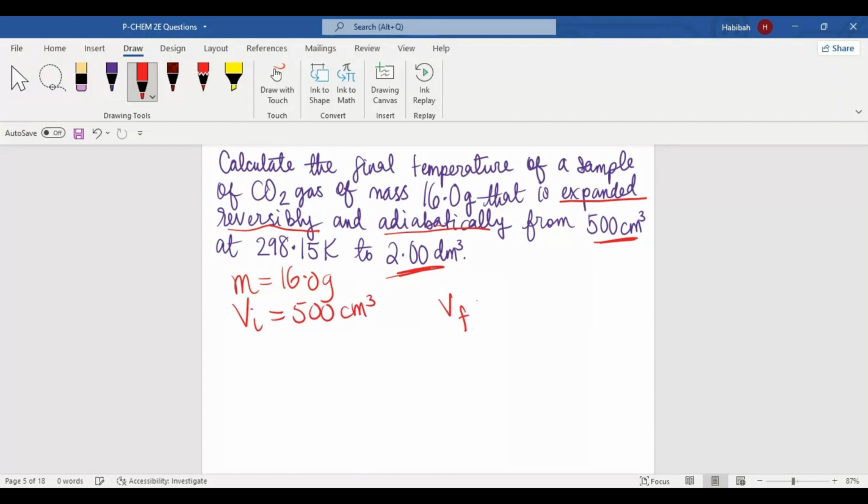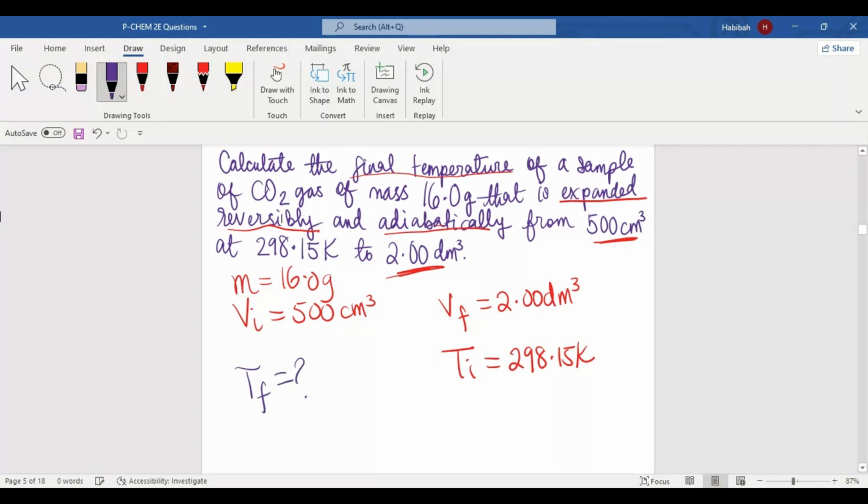The final volume is 2.00 decimeter cube. And we're also given the initial temperature to be 298.15 kelvins. That's all we're given actually. We're now told to find the final temperature. So what we're actually looking for is T final.